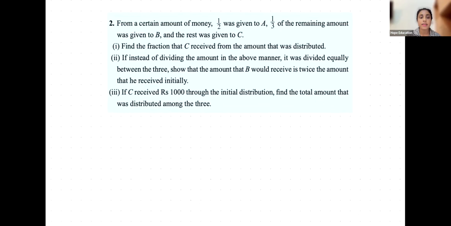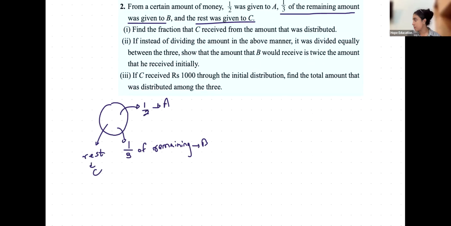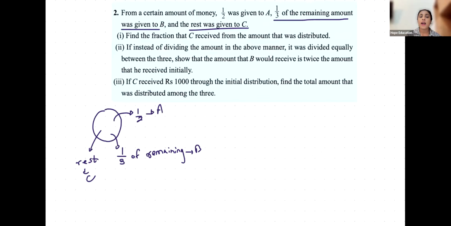From this, half was given to A. 1/3 of the remaining amount was given to B. And then the rest of it was given to C. Roman number 1: find the fraction that C received from the amount that was distributed.